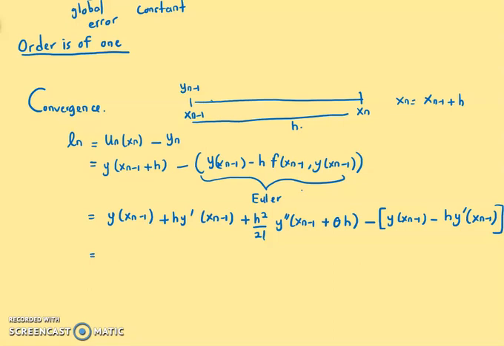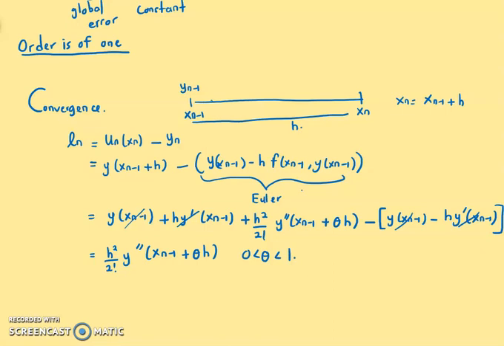Now, taking out the terms, this term cancels out, which leaves us with h squared over 2 factorial y double prime of x n minus 1 plus theta h. We want to make sure theta is from 0 to 1.